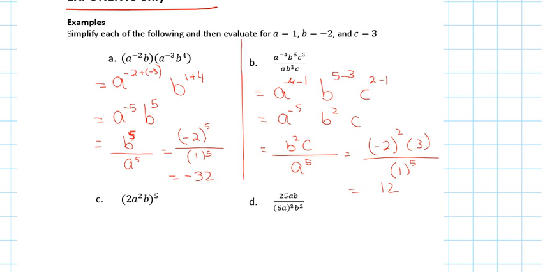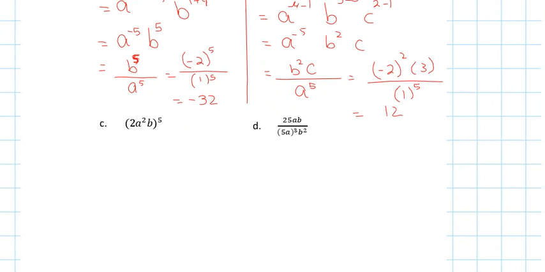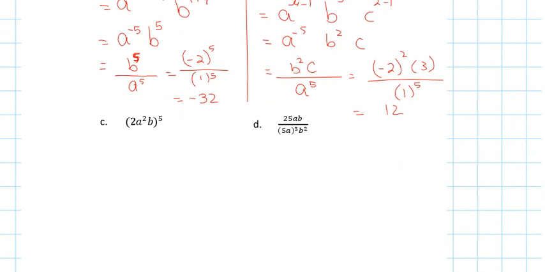What would you do with the next one? Distribute. Okay. So distribute that 5 to everything inside the bracket. So that's going to be 2 to the power of 5.